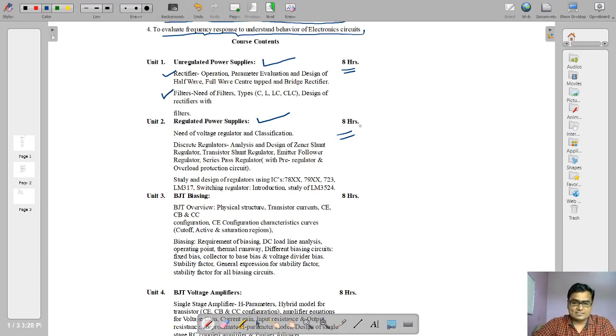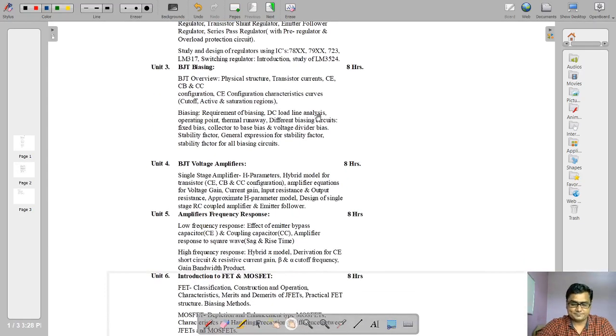Now come to the next chapter, that is the third one. The third chapter is related to BJT. You have studied this BJT in your first year also, but still intentionally, as a revision part, I have included this overview of BJT.